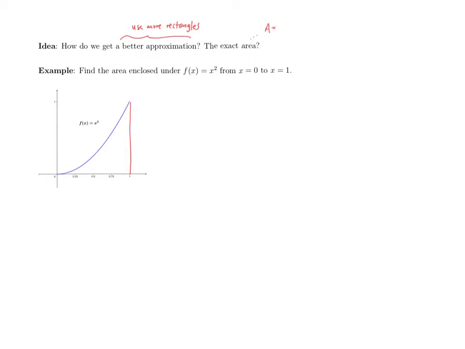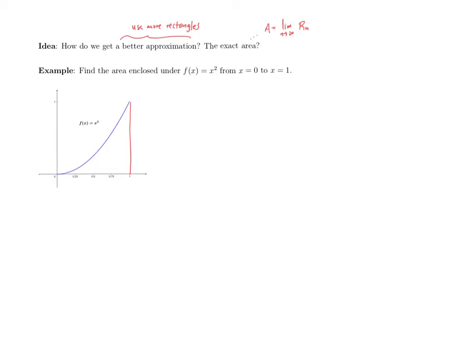Theoretically you might say, well, we need to use infinitely many rectangles, which in practice we certainly can't do, but this idea of using something infinitely large brings us back to the idea of a limit. So we said, well, if we could somehow calculate what we had called the right sum using n approximating rectangles, we could take the limit as n goes to infinity to get the exact enclosed area.